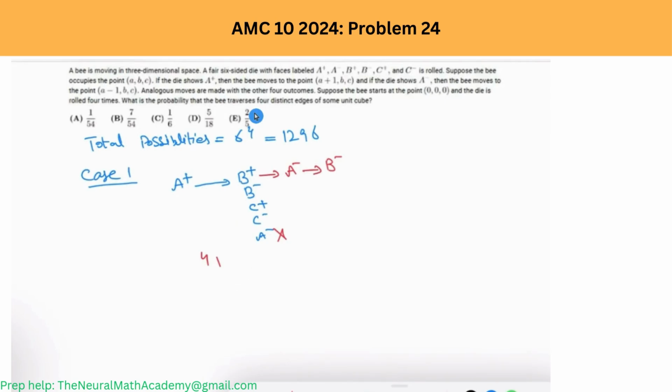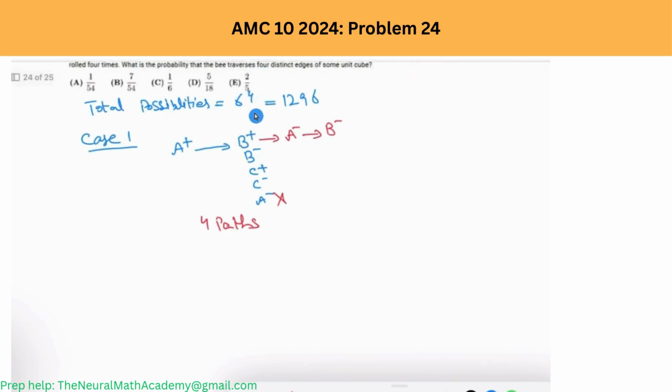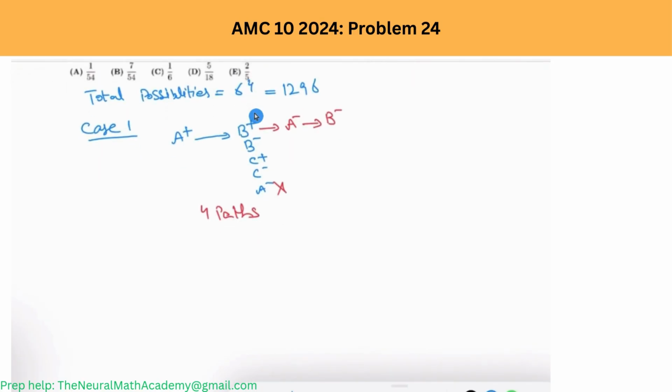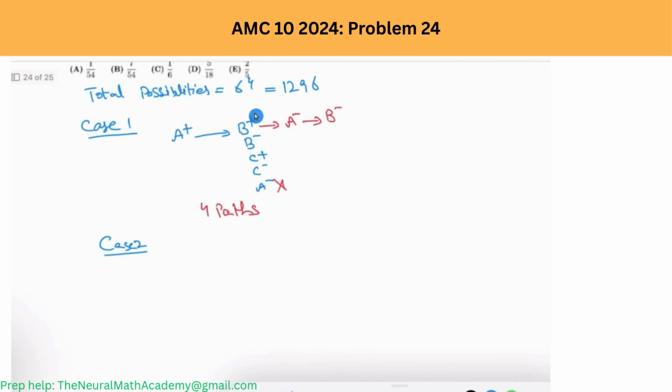Now let's look at the second case, or case 2. In case 2, we are considering that all three axes are involved. So if we consider all three axes, then let's say it starts at A plus, then the next step can be B plus, then A minus. Since all axes are involved, the last option would be C plus or C minus.